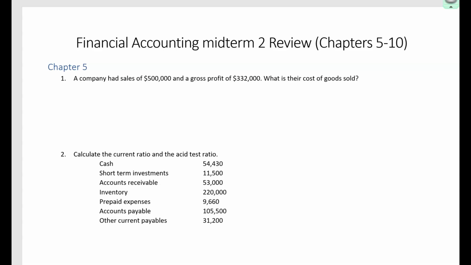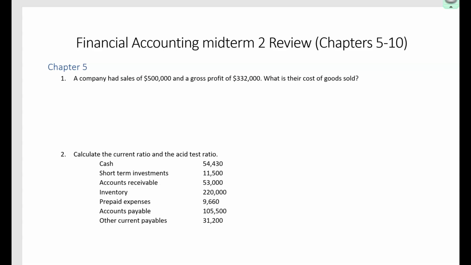Okay, so chapter 5, the first one here: a company had $500,000 in sales and they had gross profit of $332,000. What is their cost of goods sold? Well, if you remember correctly, to calculate the gross profit, you take your sales minus your cost of goods sold to get your gross profit.